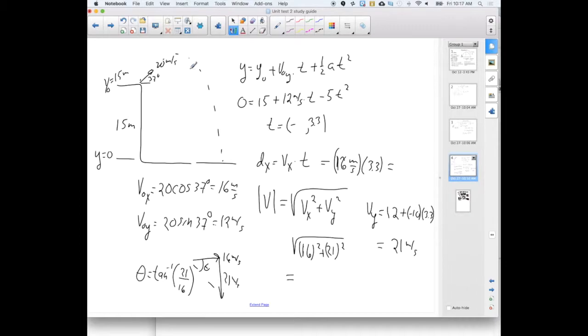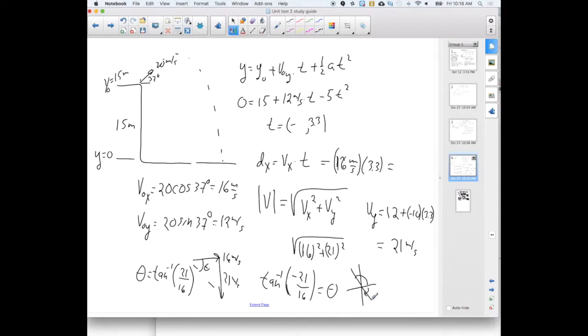If you said the arc tangent of minus 21 over 16 is equal to theta, then you'd have to be smart about it, because it's going to give you either this angle right here or this angle right here. So you have to just make sure you were smart about it. Follow what I'm saying?